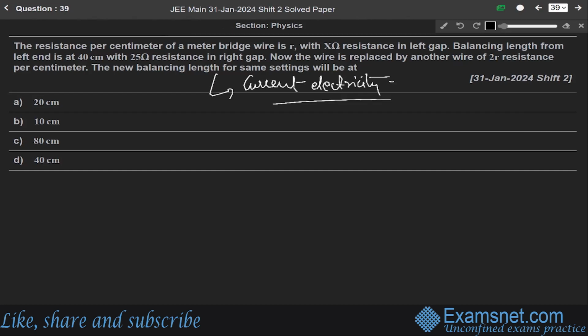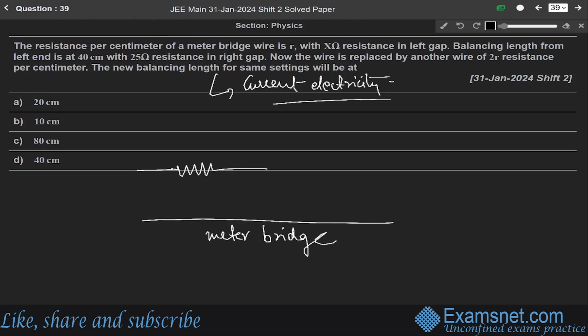Now, according to question, there is a meter bridge. This is a meter bridge and there are two resistances. Okay. Let us say this is first one having a resistance X ohm. The another resistor is having 25 ohm. The left one is having X ohm and the right one is of 25 ohm.